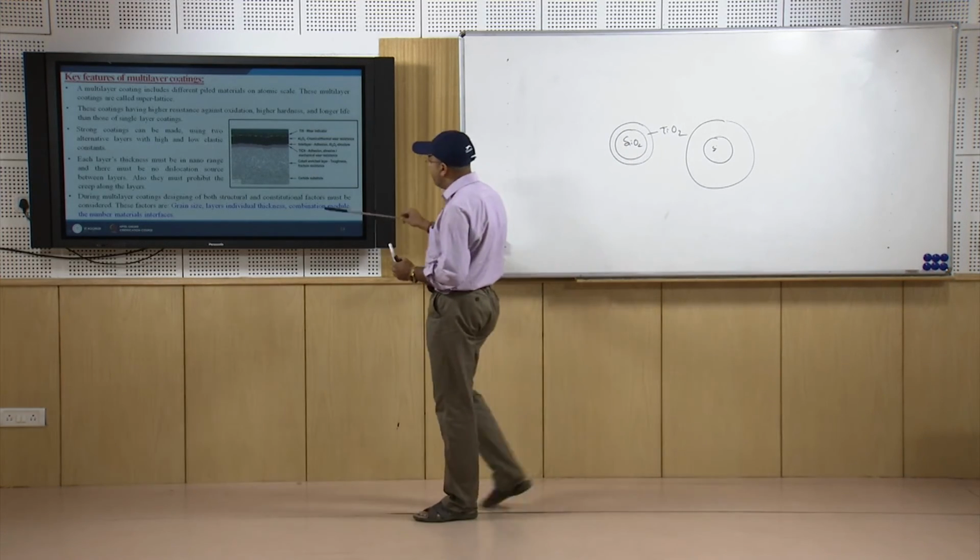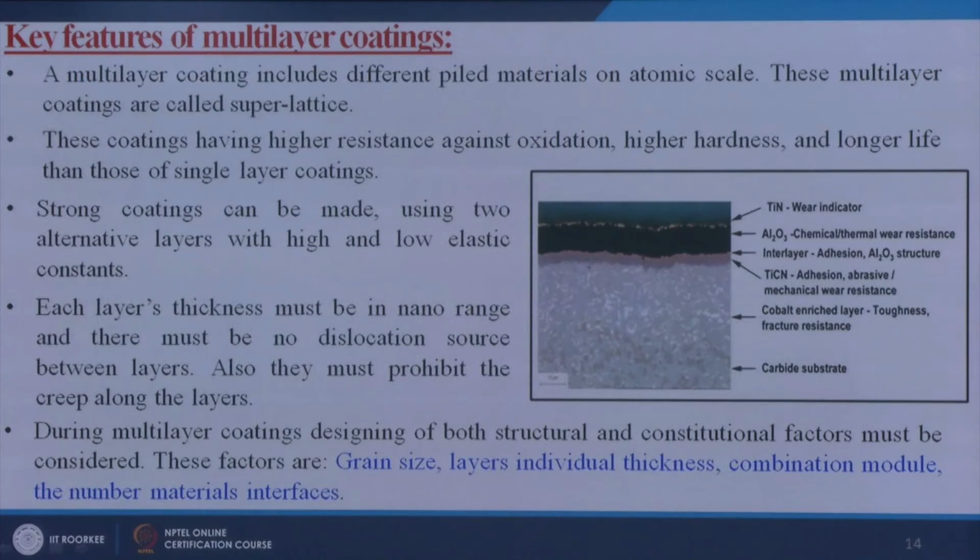Here is also one very nice example: we have a carbide substrate, and on that a cobalt enriched layer which gives toughness and fracture resistance. Then on top of that we put titanium carbonitride, which gives better adhesion, abrasive and mechanical wear resistance.